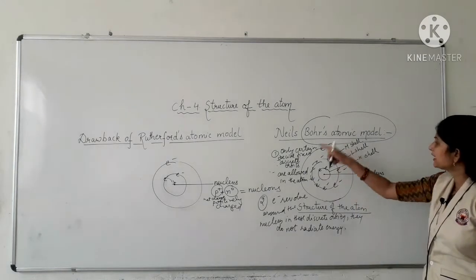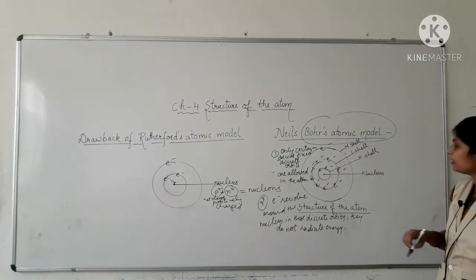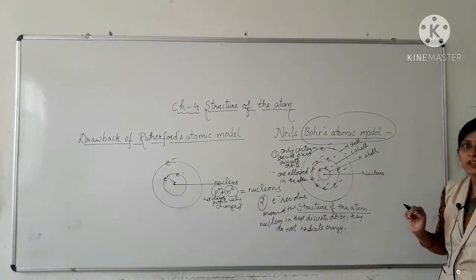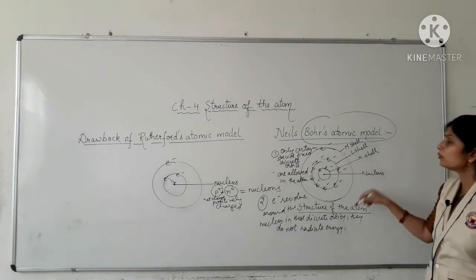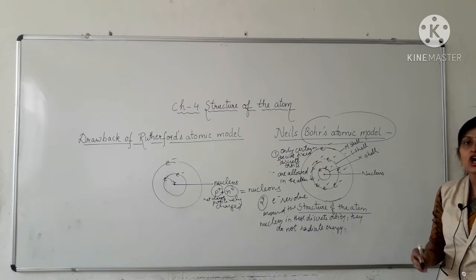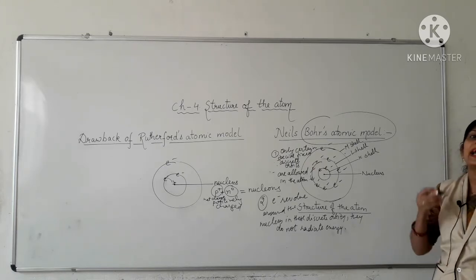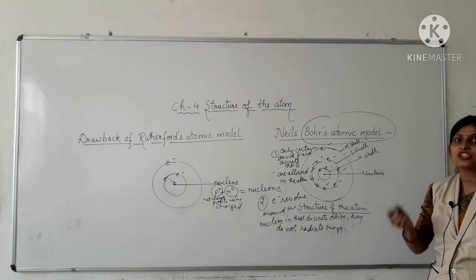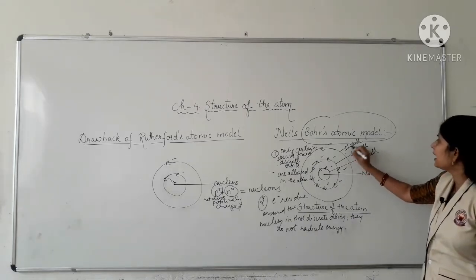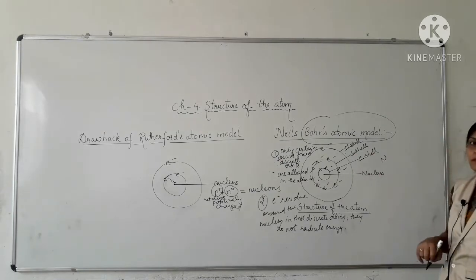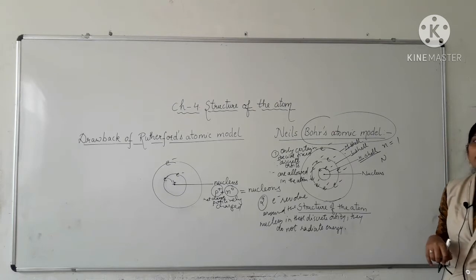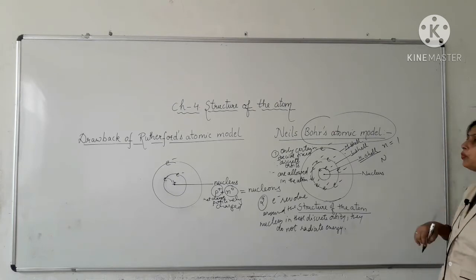These discrete orbits you can see in the figure. So these discrete orbits in which electrons move or revolve around the nucleus are known as circular orbits or shells or energy levels, which are denoted with letters K, L, M, N. K shell is the first shell, so we can denote its number as 1.